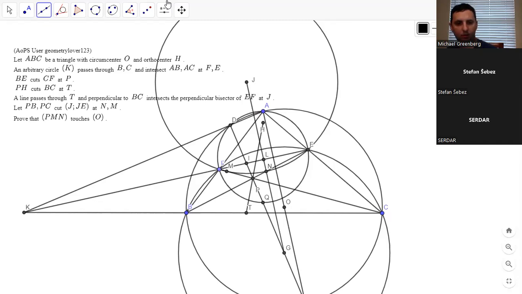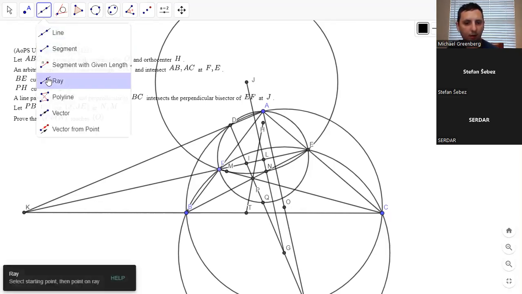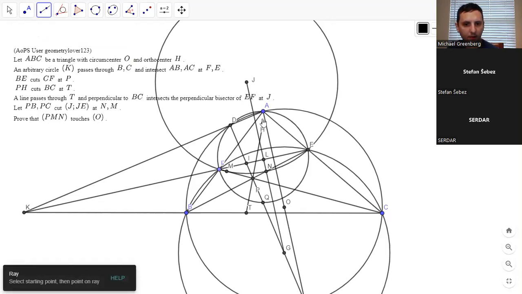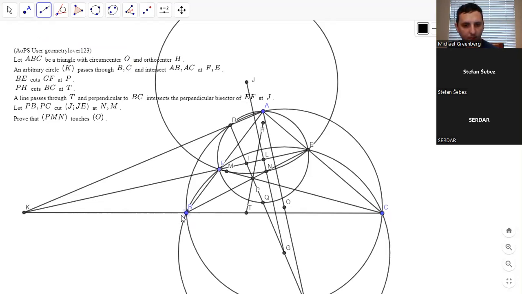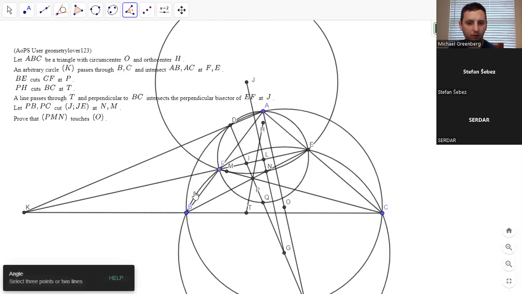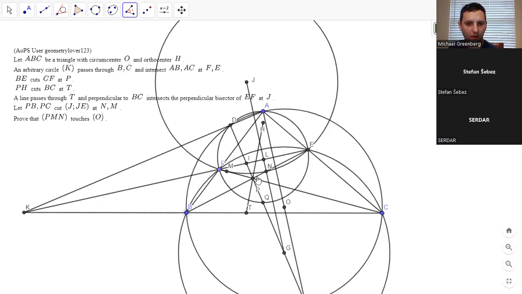Can you check if PT and PG are isogonal with respect to BPC? Okay, so we have angle BPC, PG, and PT. See if those are isogonal. Let's see, this and this.